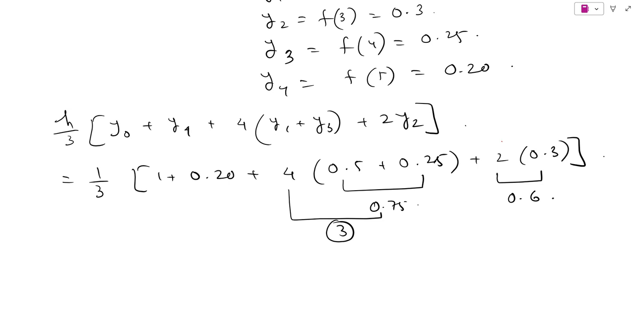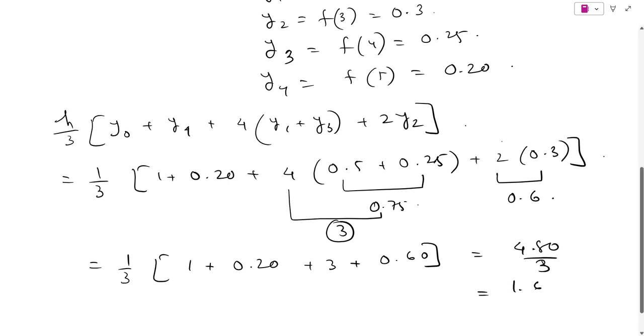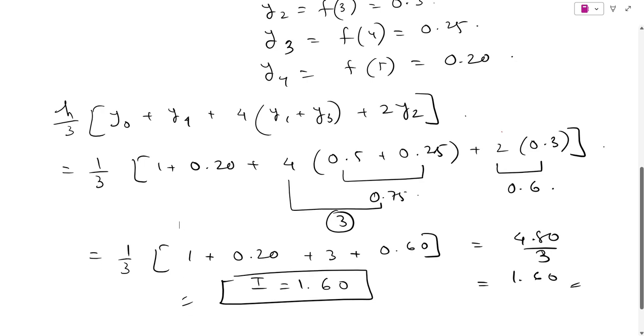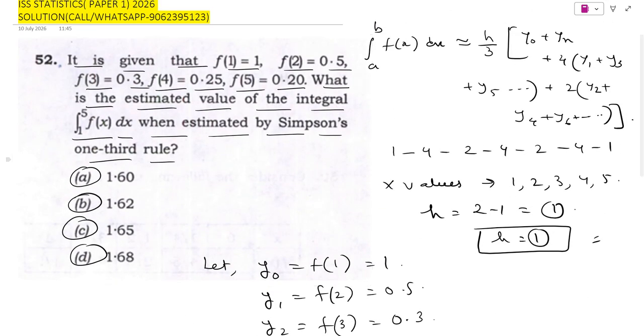Now the bracket becomes 1 plus 0.2 plus 3 plus 0.60, so this is 4.80 by 3, which will be 1.60. So what is the final answer? The integral is 1.60. Now come to the options. Option A is the right answer.